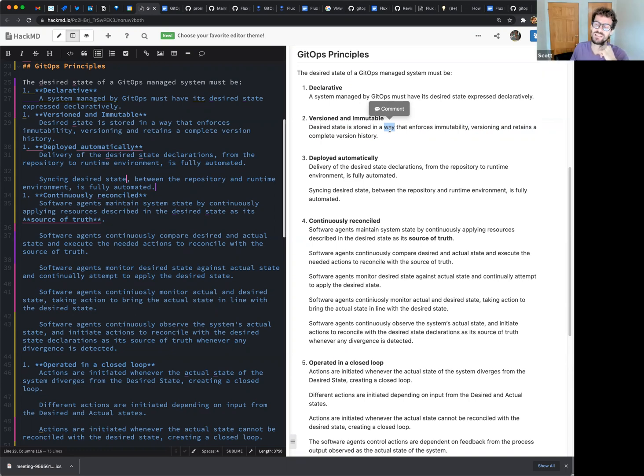We could try that and see what the rest of the maintainers think. That does make sense, to be as consistent with the language as we can. One of the interesting things about this is that it could be a Google Sheet, because it's versioned and it's immutable. So you could technically store your state data in a Google Sheet and it would still be compliant.